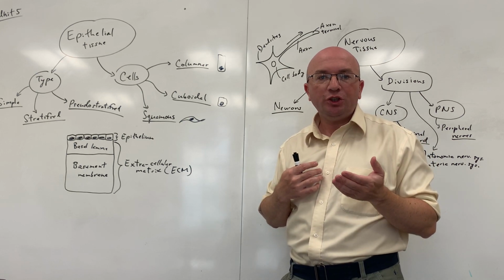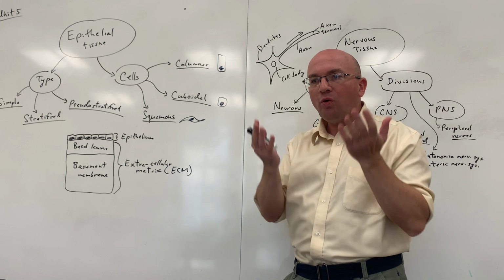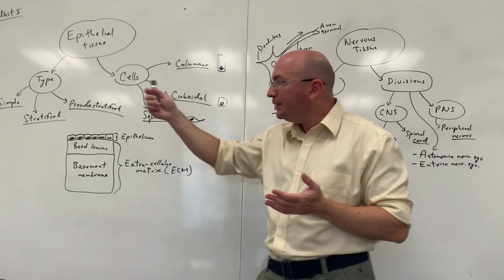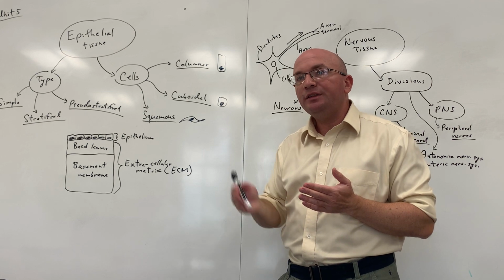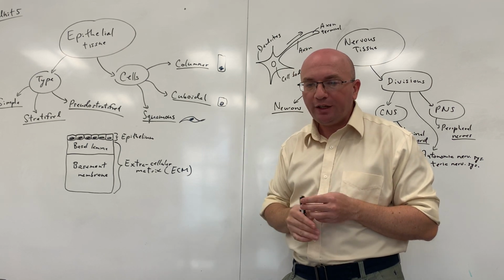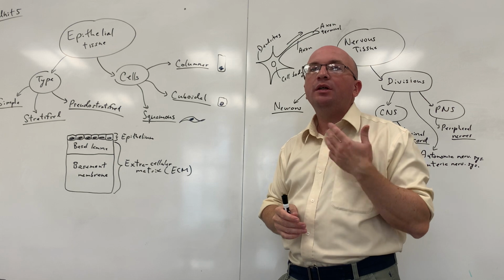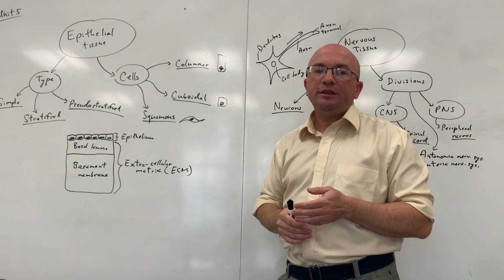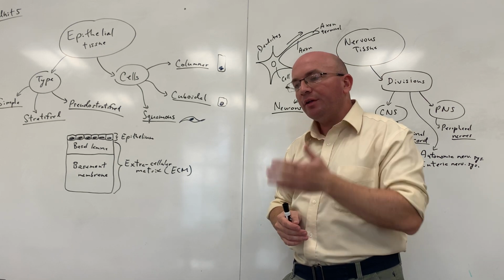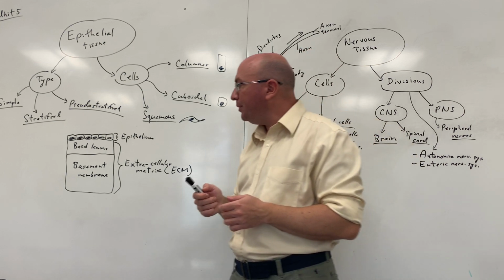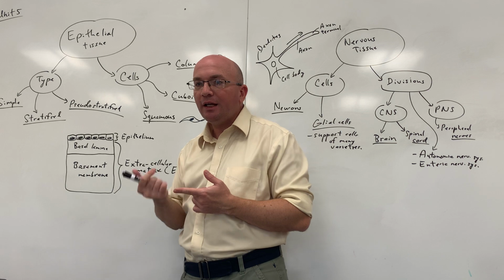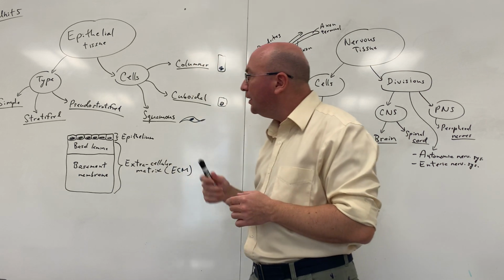In order for gas exchange to occur, again, the alveoli are made out of simple squamous epithelium. These flat, thin cells allow easy diffusion of gases into hemoglobin, so that our red blood cells can pick up the oxygen from the air, right, and carry that oxygen to all the cells in the body. So simple squamous epithelium, 2 examples: capillaries and alveoli in the lungs.